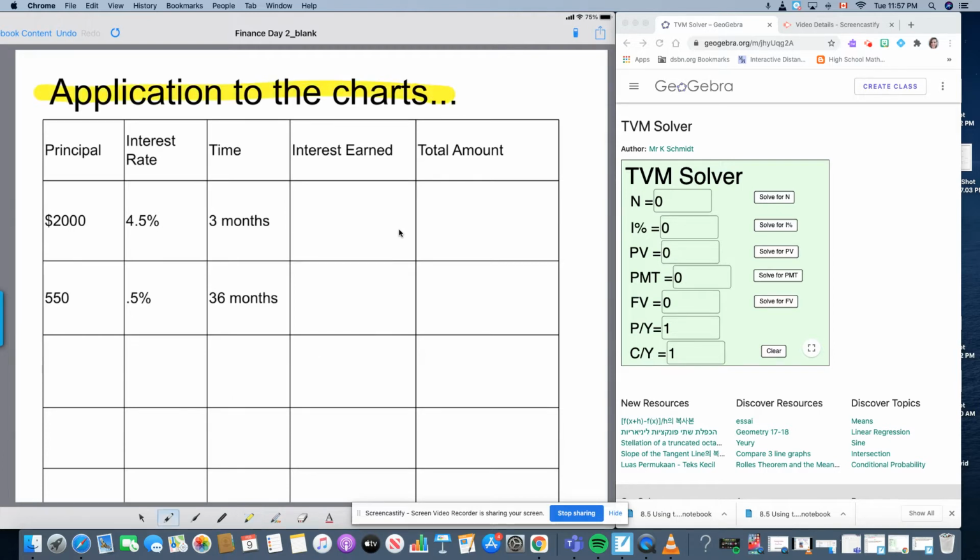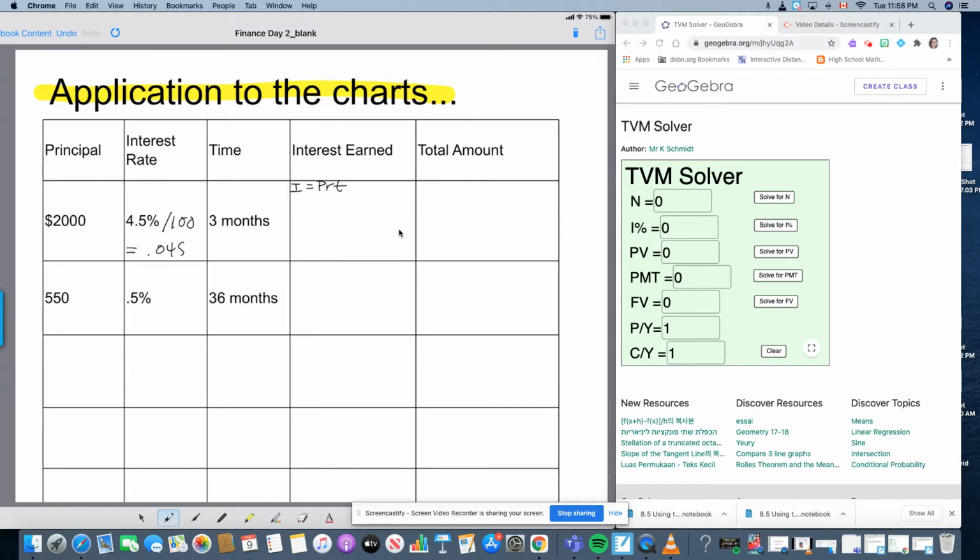All right, so when we're solving this, you're going to put your formula in there. So our interest equals the principal times the rate times the time. We do remember that there's a couple of things that you have to do for that interest rate. You're going to divide by 100 here, and then you're going to get 0.045.